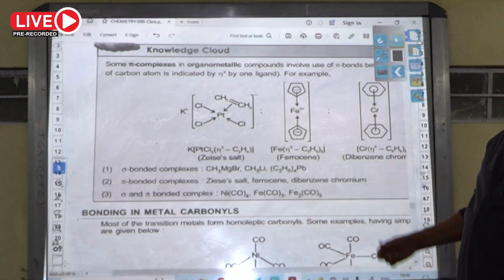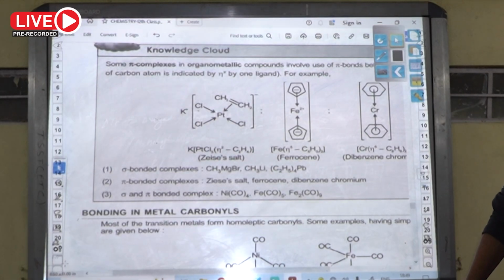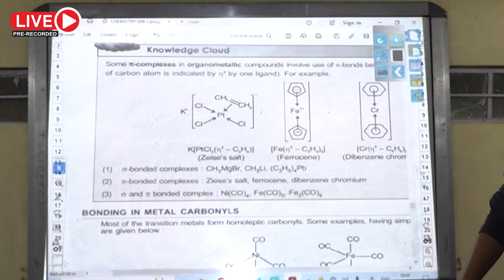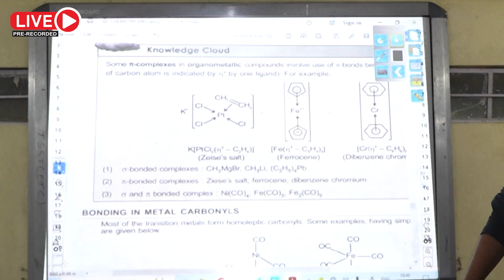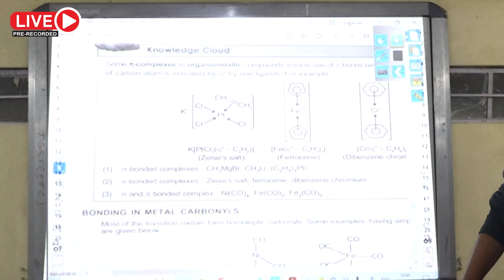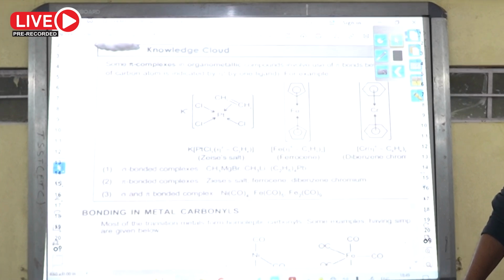Okay. Sigma and pi bonded organometallics. So this I think I discussed already. Can somebody explain that? All metal carbonyls are examples of sigma and pi bonded organometallics.